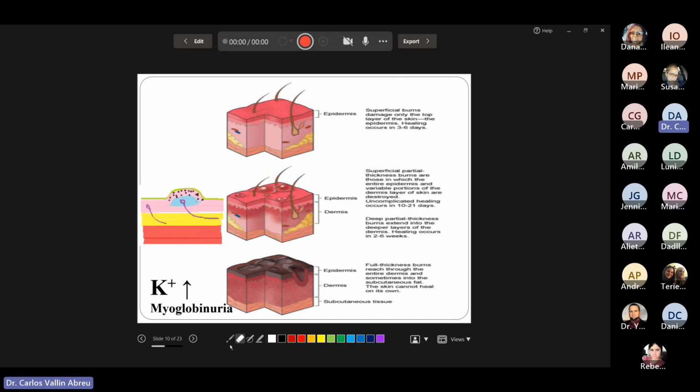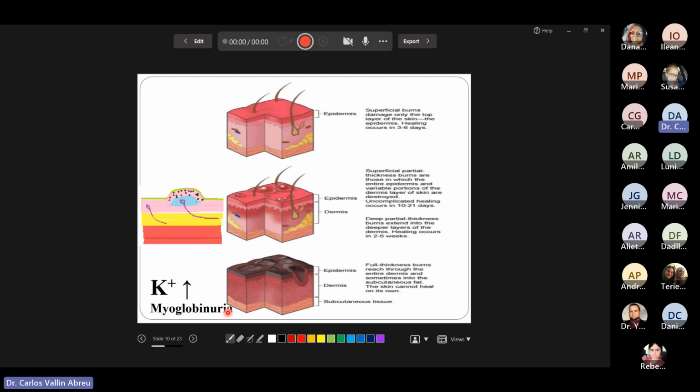When the muscle also burns in those severe deep burns, the myoglobin, which is the protein that should be inside the muscle cells, can be spilled into the circulation and can end up in the kidneys and in the urine, producing what is called myoglobinuria.